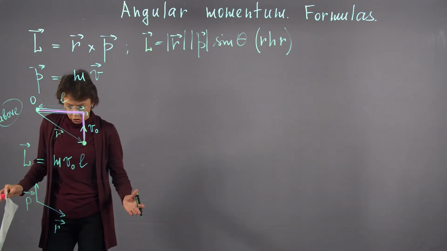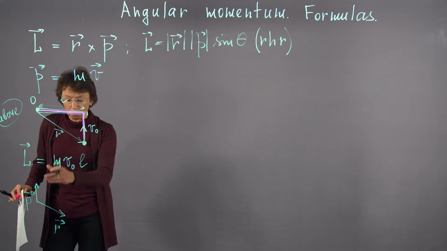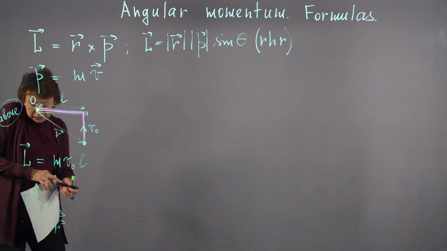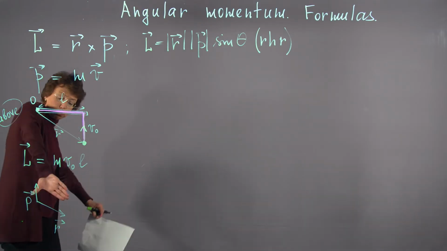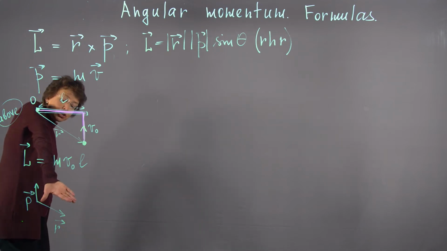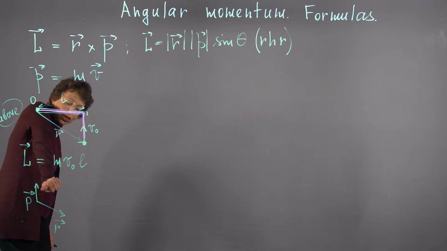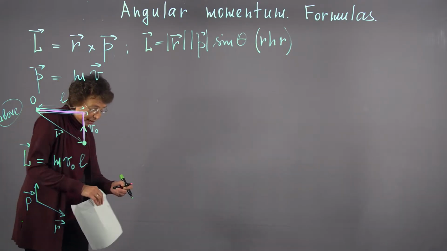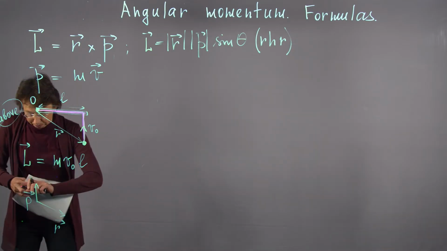So which choices do you have? Either into the board or out of the board. And now life is much easier because you put your fingers along r, you bend them towards p, and then your thumb shows you the direction of angular momentum. In this case, it is out of the board.